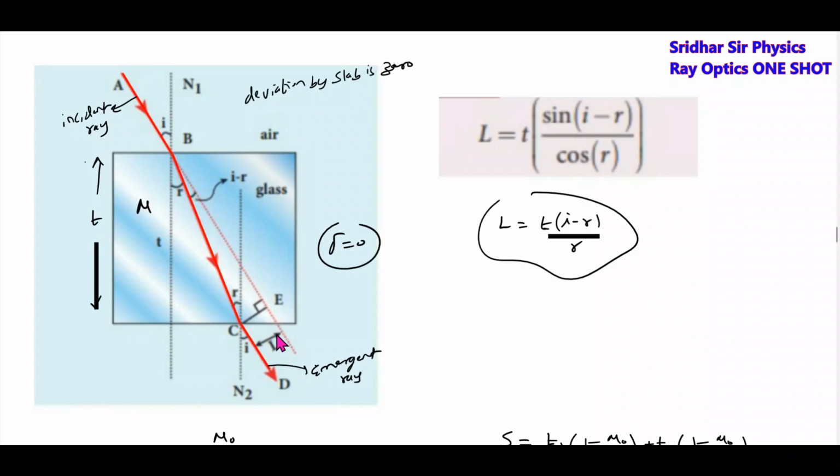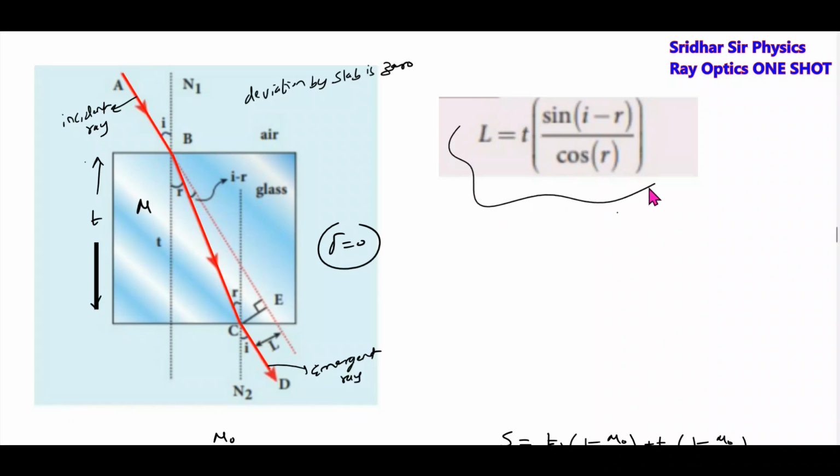And this is the lateral shift. This lateral shift depends on these things: L is equal to t into sine of (i minus r) by cos r. There's a formula you have to remember, very, very important. Earlier we were discussing the apparent shift; this is called the lateral shift. The shift of what? The shift of the ray.